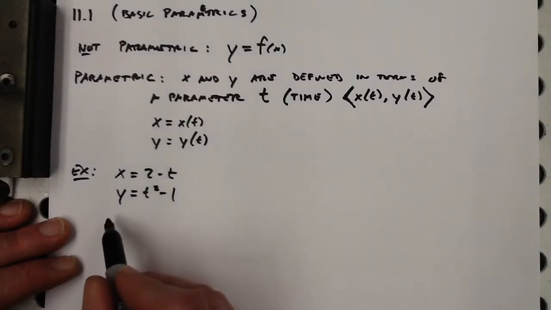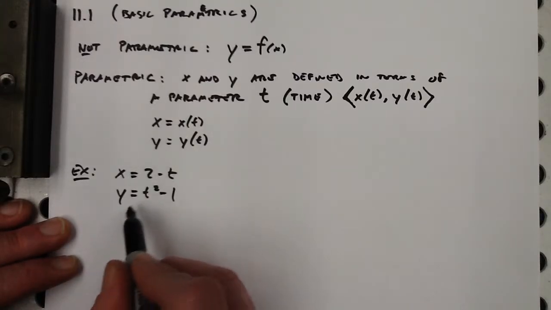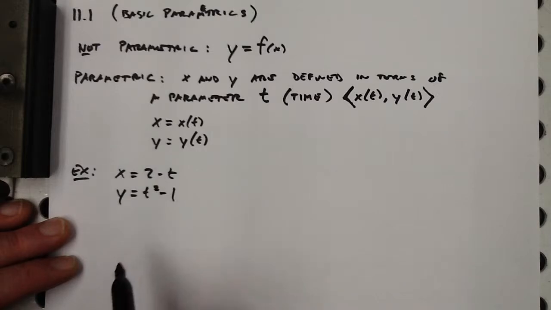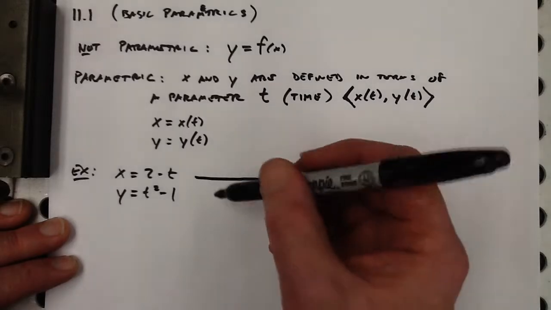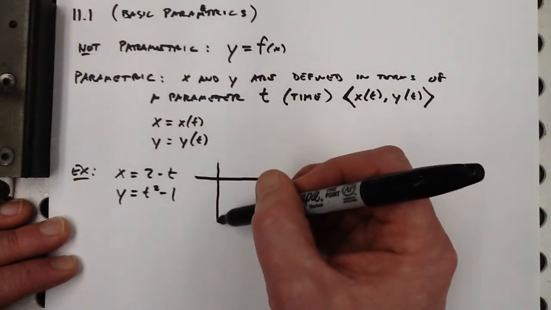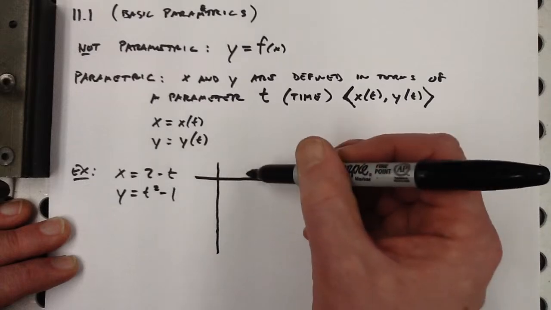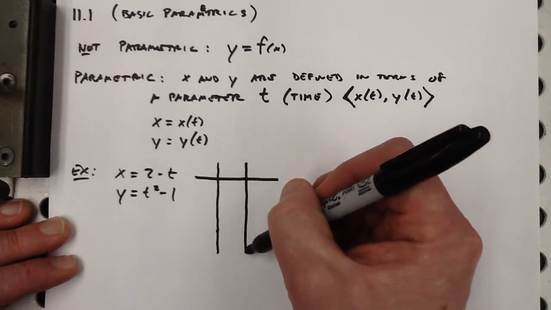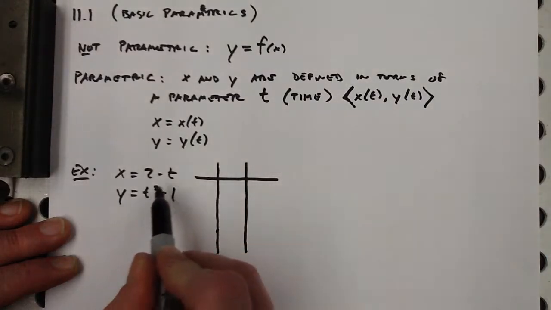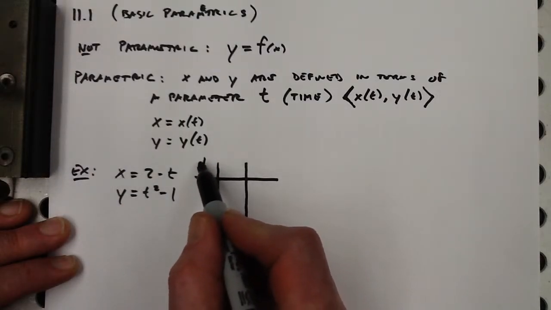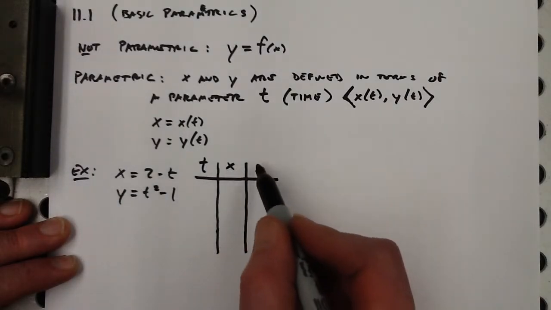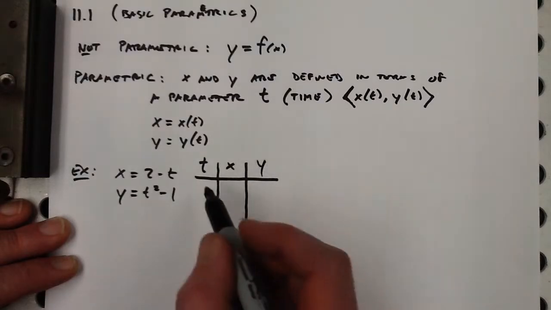Well, just like in algebra class, if you come across some new y equals x, maybe the equation for a line or something, you might make a little xy table. We're going to do the same thing here, get a feel for this. But the thing we're going to be picking is we're not going to be picking x values, we're going to be picking t values. So I'll put that first, and x and y.